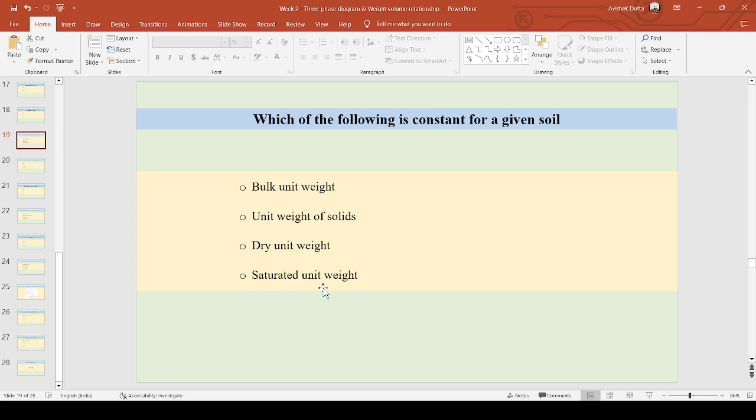Which of the following is constant for a given soil? Bulk unit weight of solids, dry unit weight, or saturated unit weight? Next question.